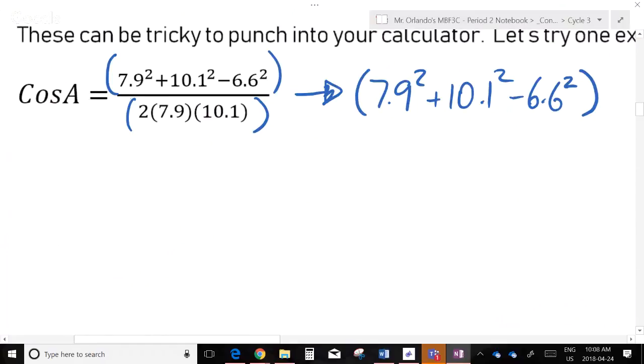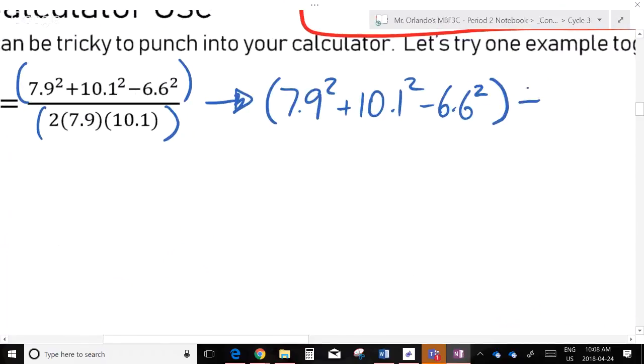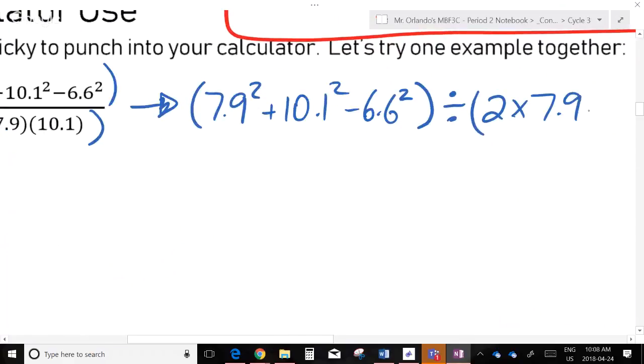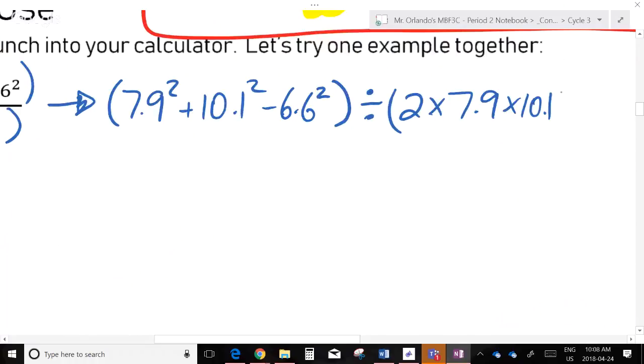Does that make sense? And then I'm going to divide. And what am I immediately going to open? A bracket. And then I'm going to do the bottom. 2 times 7.9 times 10.1. And then I'm going to close the bracket and press enter.